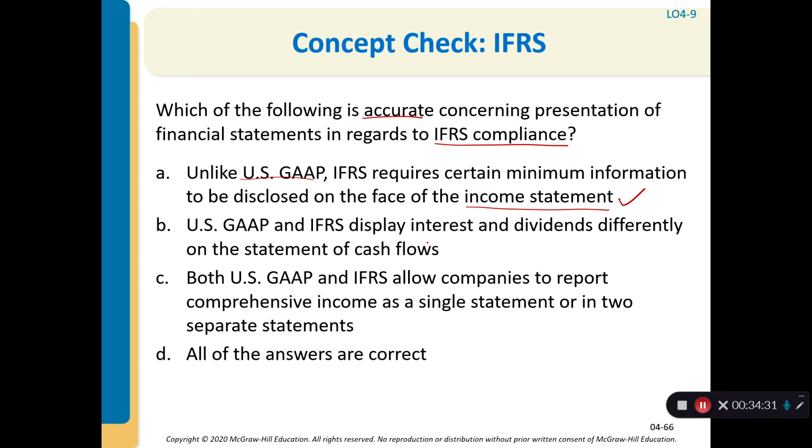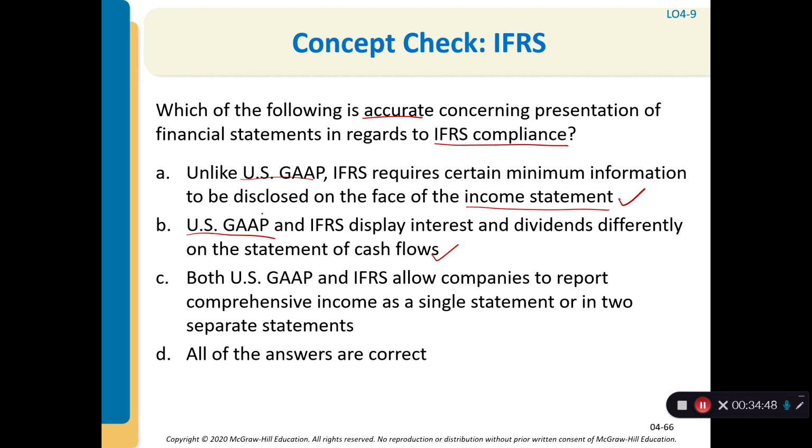B. US GAAP and IFRS display interest and dividends differently on the statement of cash flow. That's true. In GAAP, only dividends paid belong to financing activity.